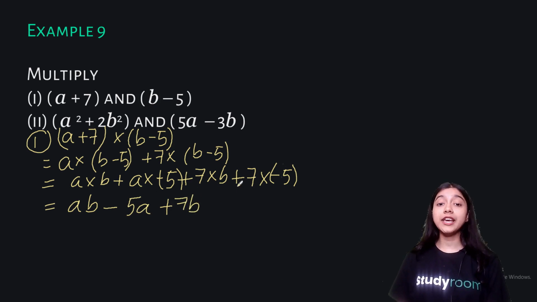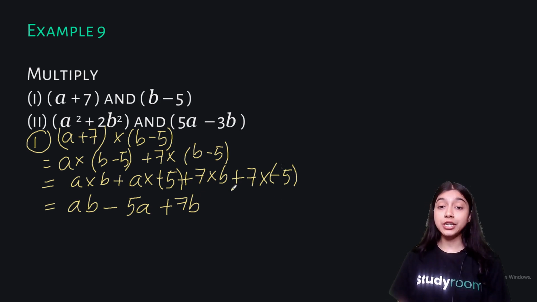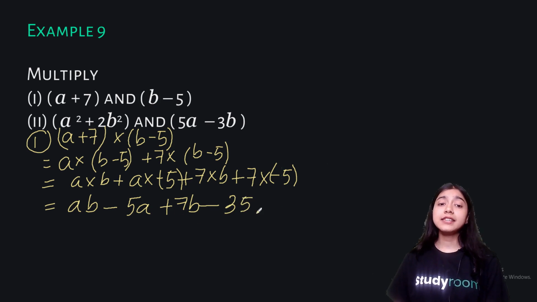And over here we have plus 7 multiplied with minus 5. We know that when this plus sign is multiplied with minus, this gives us a negative sign. And then we have 7 multiplied by 5, which gives us 35. Is there any like term? No. So this is the final answer.